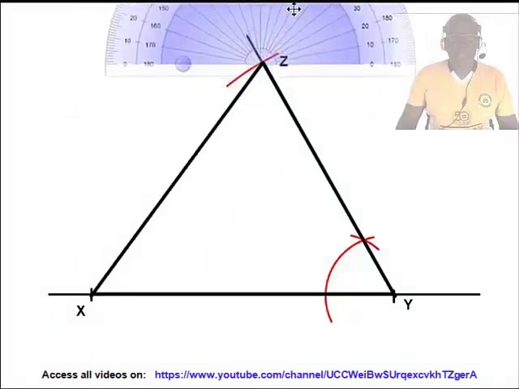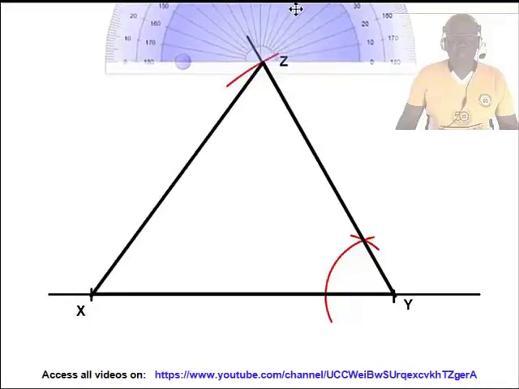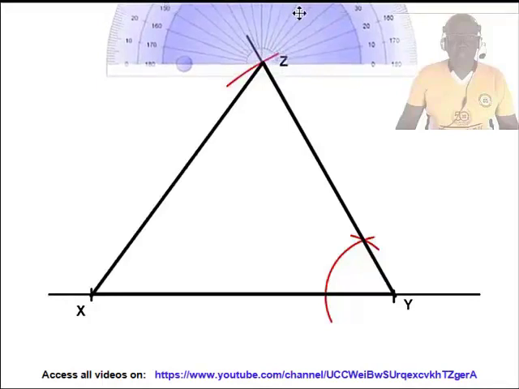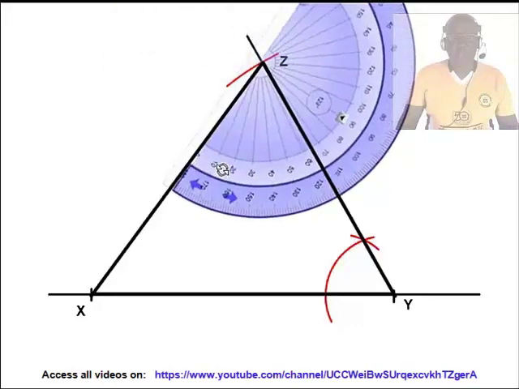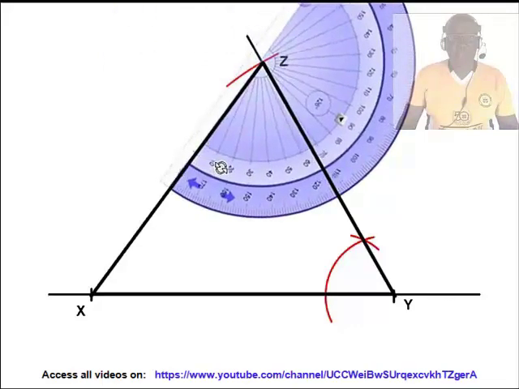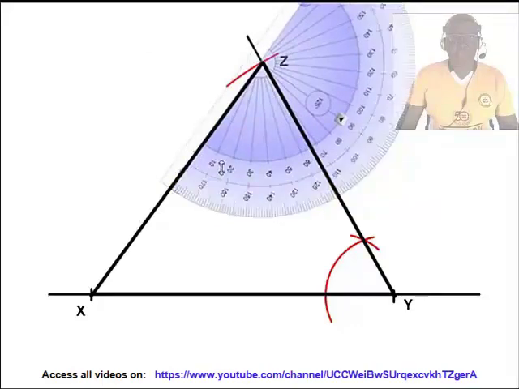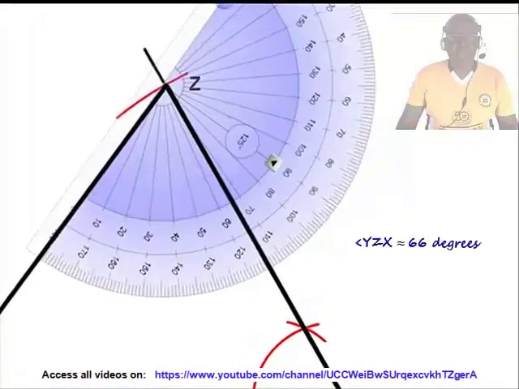We shall place the point of intersection of the 90-degree line and the 180-degree line on the protractor at the point Z. We shall rotate the 180-degree line on the protractor to lie on the line XZ. As can be seen, the angle YZX is approximately equal to 66 degrees.